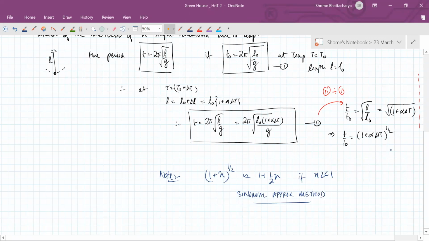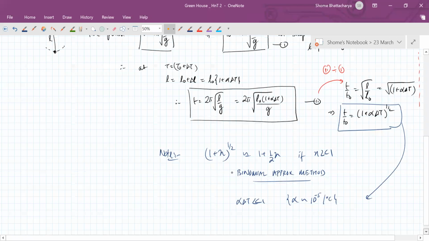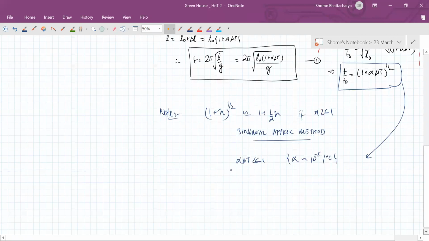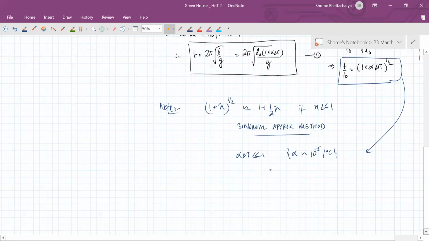So by applying that over here, now we can see that alpha delta T is very small compared to 1, because remember alpha's order of magnitude even for metals is 10 raised to the power minus 5 per degree C. So therefore 1 plus alpha into temperature change to the power half can be approximated as 1 plus 1 by 2 alpha delta T.